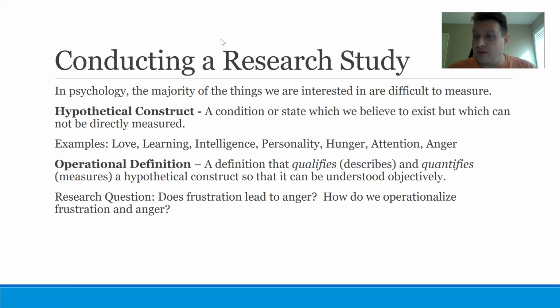Again, we can't directly measure these things. So let me give you an example. How would we go about doing this? Let's say that right around when class ends, and everybody's leaving the parking lot, we are going to manipulate frustration. We're going to operationally define our manipulation of frustration.